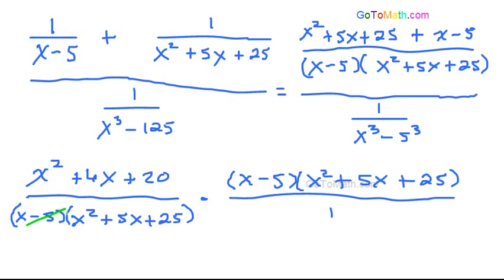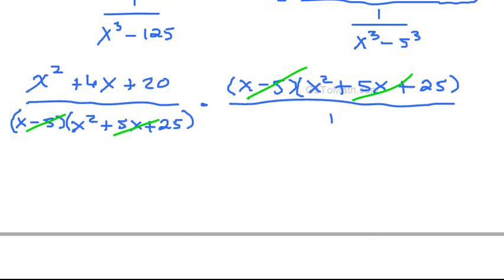Now it looks like we can do some canceling here, right? I don't know if that was intentional or what. Imagine that. And so it looks to me like we're going to be left with an x squared plus 6x plus 20 over 1. But it looks like that's it right there.